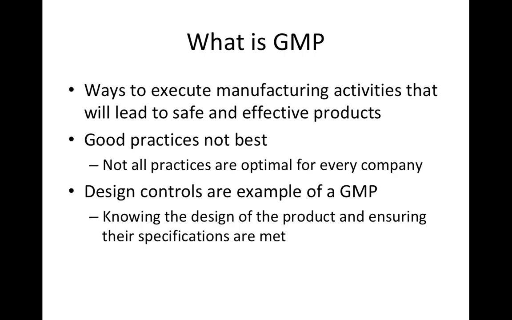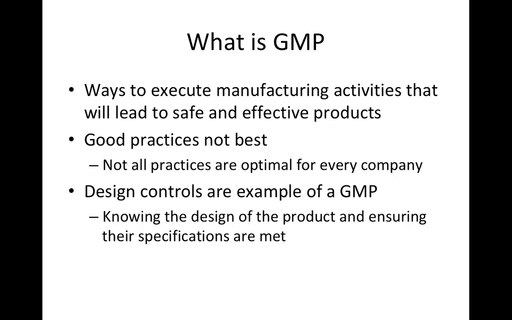Now, you want to make sure that the regulations that are set by the FDA are essentially for most settings, right? So it's not necessarily to say that we have the best manufacturing processes. You want to create a good manufacturing process such that most companies can follow this set of rules, right?